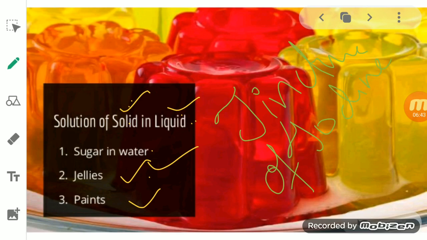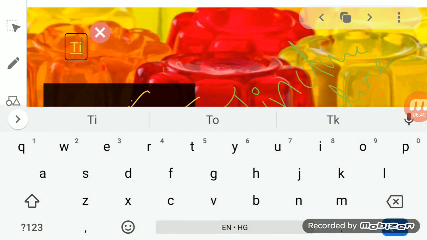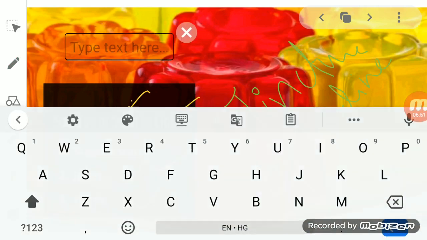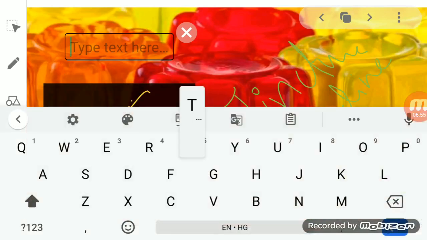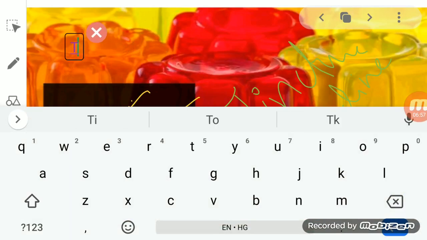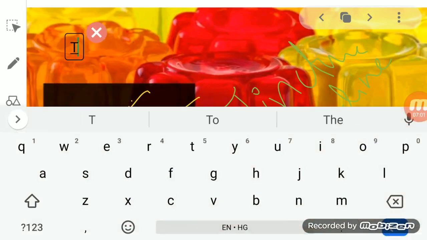If you're not able to see, let me write it here properly. Tincture of iodine.